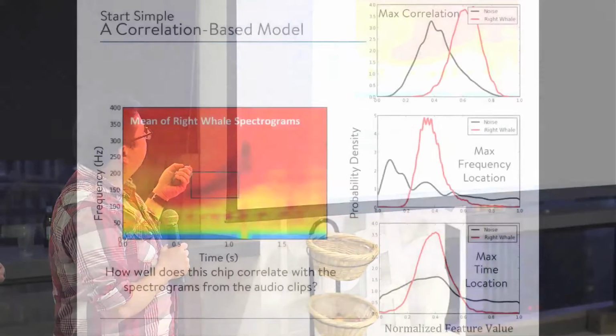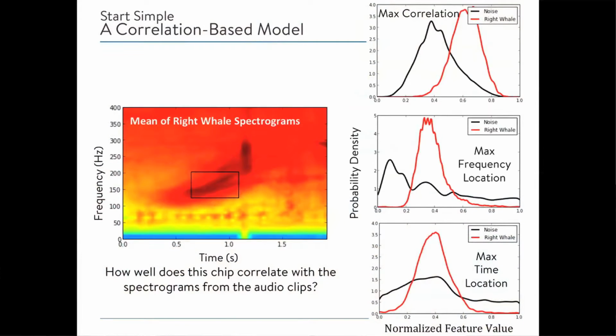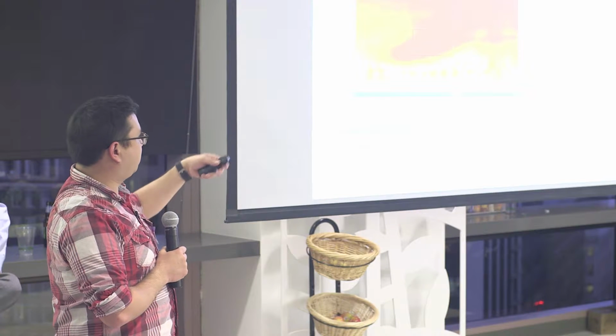And so I started out with the simplest model that I could think of. Other people tried this too, but it wasn't as obvious as it was to me: I took all of the samples that were labeled a whale, and I averaged them together. What I saw was, sure enough, you still see that arced feature in the center. And if you do this for the clips that don't have a whale in them, you don't see the same kind of effect. It's just washed out.